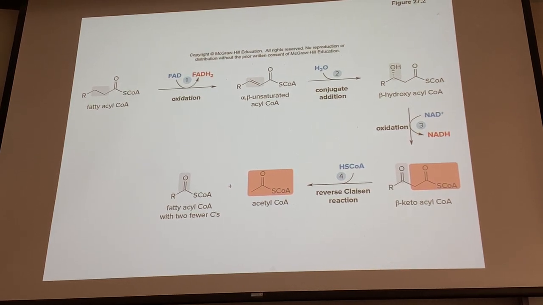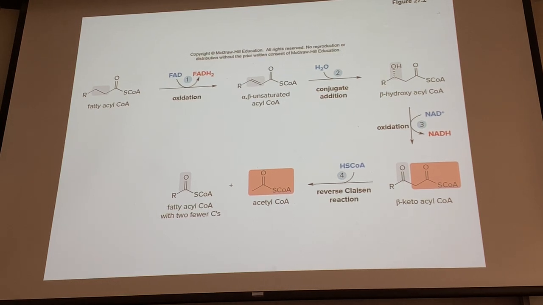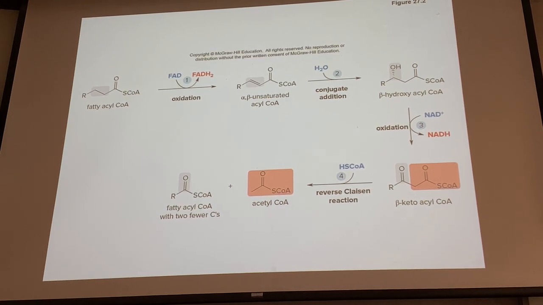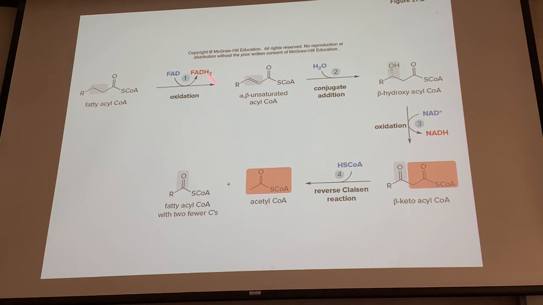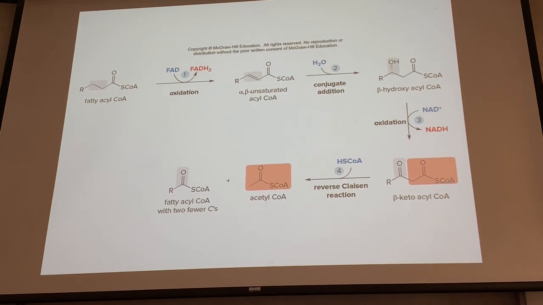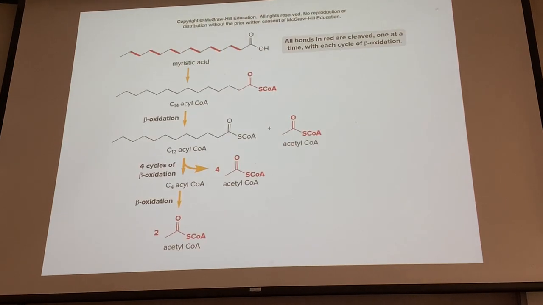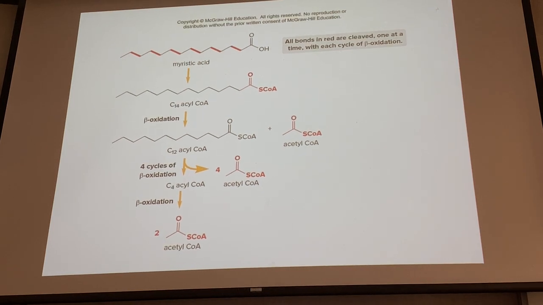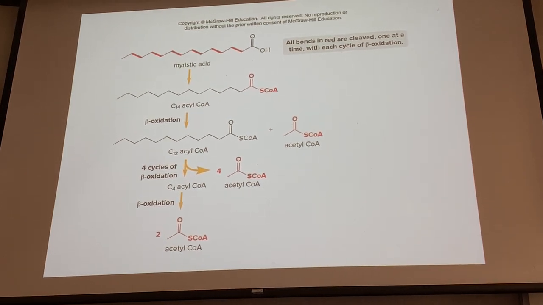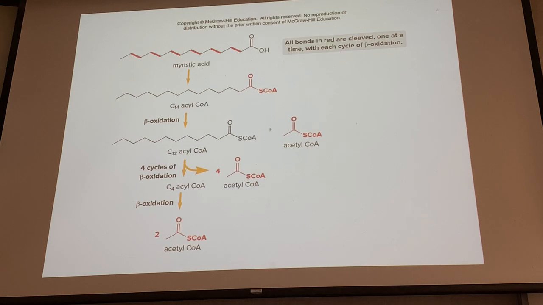As I mentioned, each cycle is going to produce one acetyl coenzyme A and one of each of these reduced cofactors. We can look here. Myristic acid is a C14 carboxylic acid, and so it is going to undergo a total of 6 beta oxidation cycles.